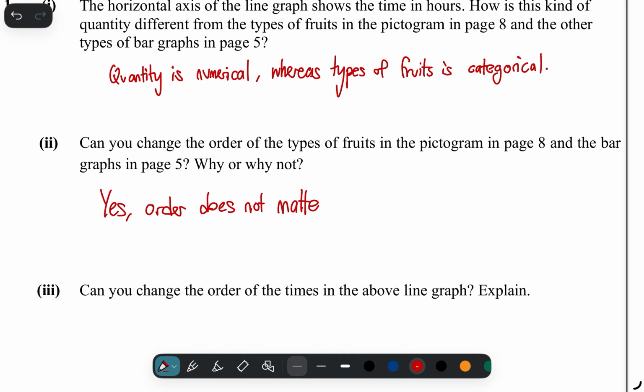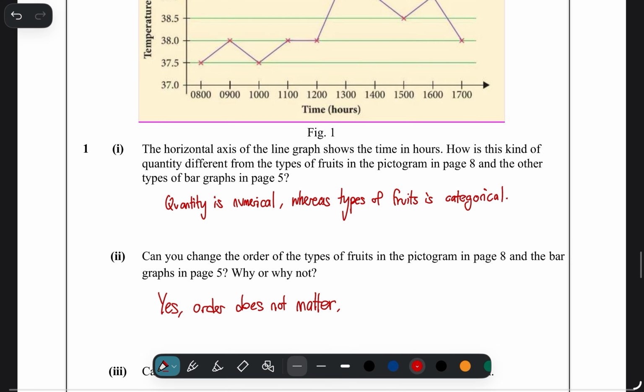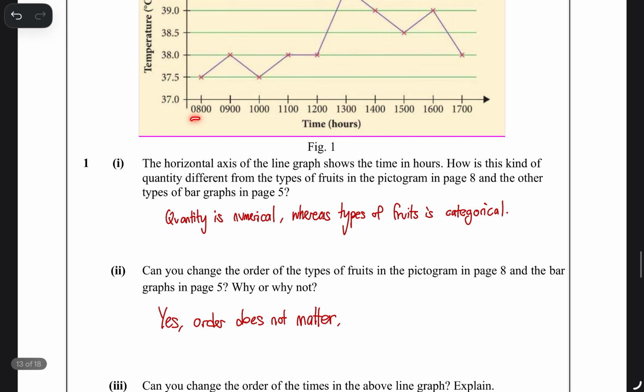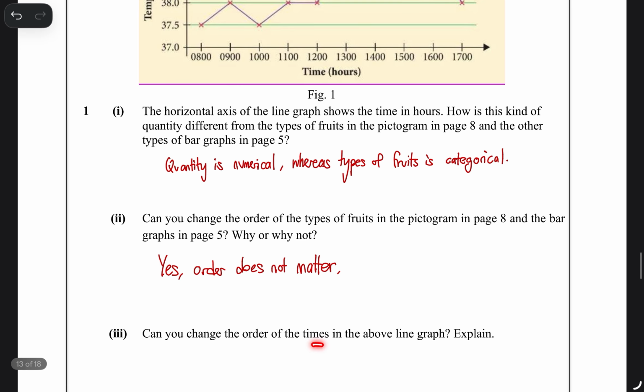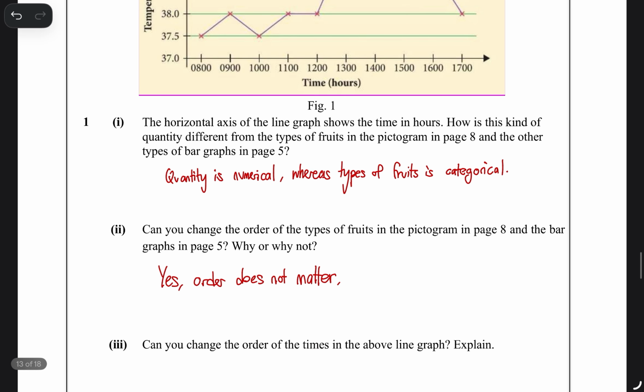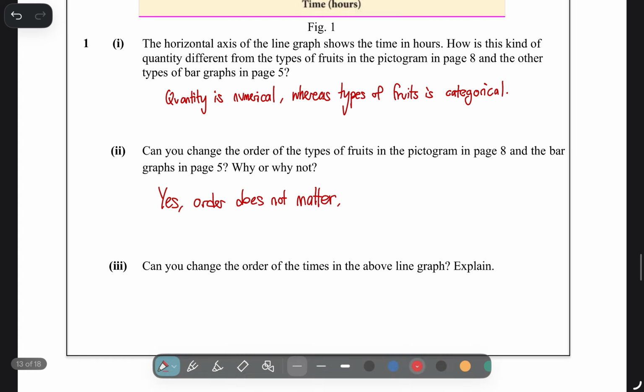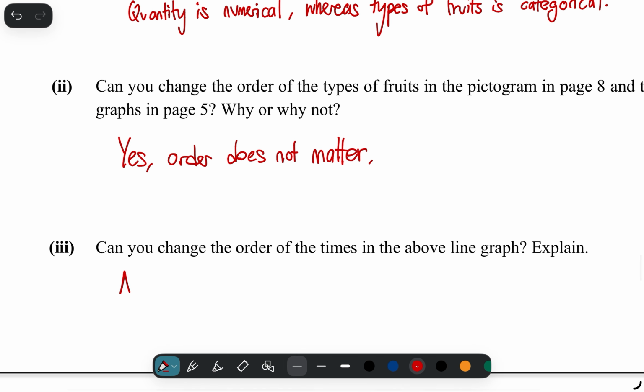But if I were to look at this line graph over here, you can see that it goes by time: 8 a.m., 9 a.m., 10 a.m., 11, 12. Can I easily just swap the order like this? And you realize that no, in this case time is sequential, means it is in order. I cannot easily swap the order like that. So I will write down, no, time has to be sequential.